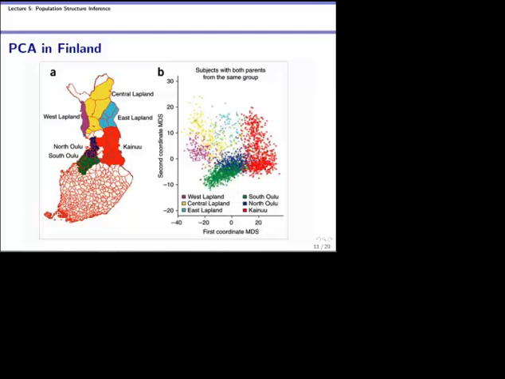Question: Is it not dependent on the trait you're using, whether or not there's structure? No, the structure exists no matter what, right? We didn't use any trait; this is genotype data. You're going to be concerned if you have a trait that's associated with ancestry, with these differences.